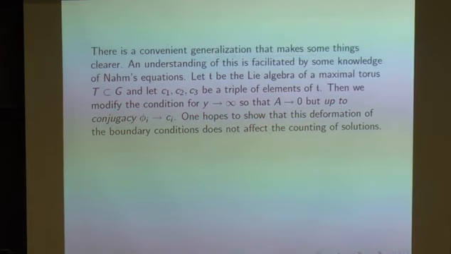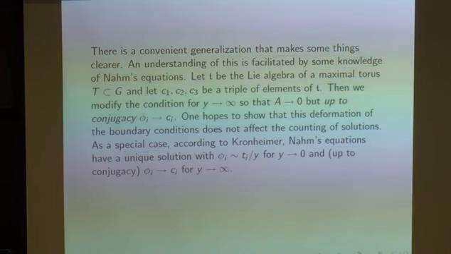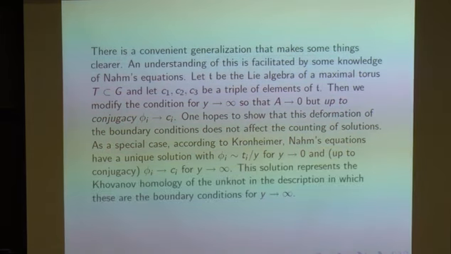So there is something you need to prove to show that this is well behaved. As a special case, according to Khovanov, Nahm's equations have a unique solution with this boundary condition, with the same behavior at y equals 0, and the deformed boundary condition at infinity. In the deformed, and for some purposes much simpler, description, this solution represents the Khovanov homology of the unknot.